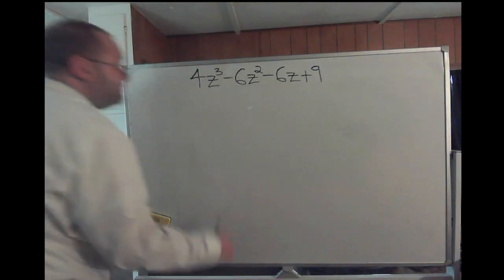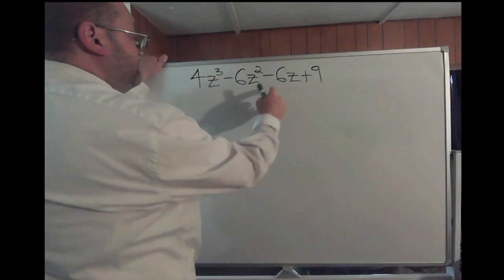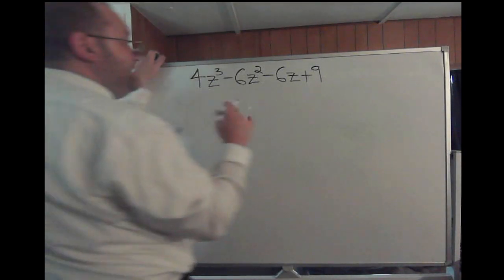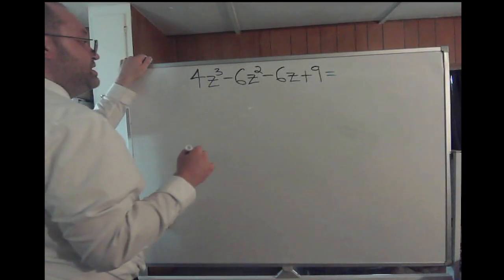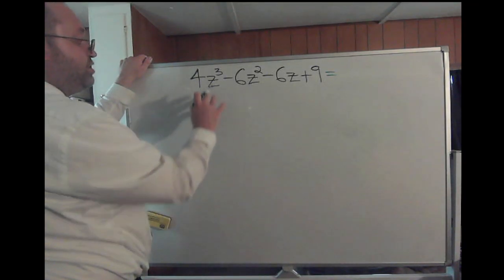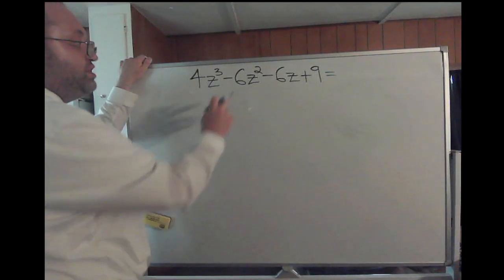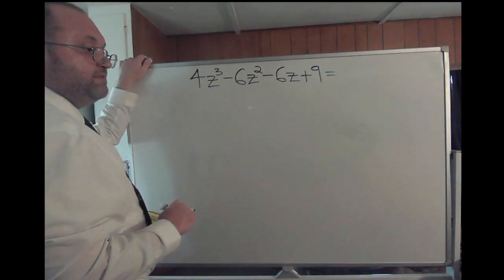So we got 4z to the third minus 6z to the second minus 6z plus 9. I think we're going to take the approach of splitting them into two sets of two terms again. So let's start with the first two terms. Between 4 and 6, just focus on the coefficient for a minute. Between 4 and 6, what's the greatest common factor?